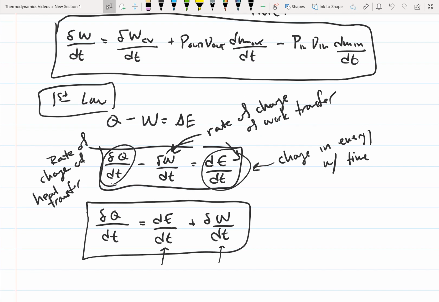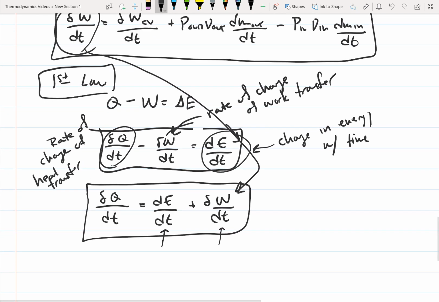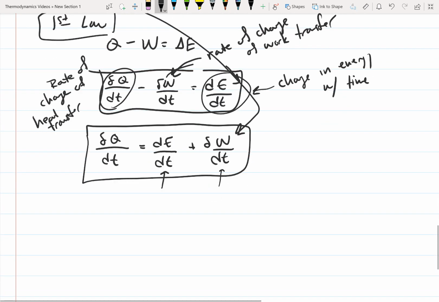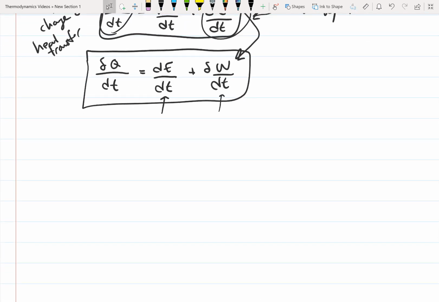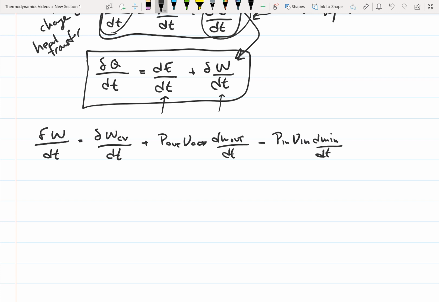So let's start with the work because it's just right here. What I'm actually going to do is rewrite these equations that we derived so they're all in the same spot. So the equation that we derived for the work was, and then the equation that we derived for the change in energy with time, dE/dt, and this is just the equation that we derived earlier that I circled and said we were going to use.